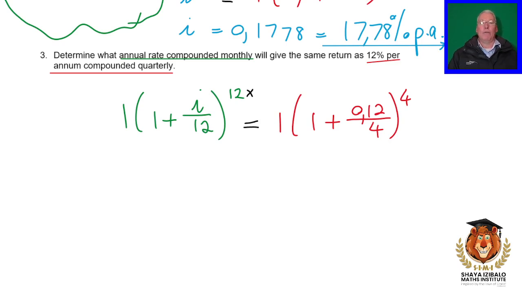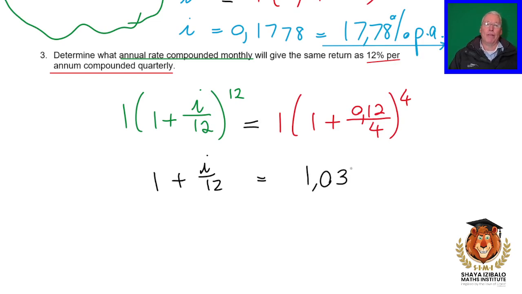Right, now, we've only got one variable here, and we should be able to solve for it. We've got this being raised to the power of 12, so we're going to raise both sides to the power of 1 over 12. We're going to get 1 plus I over 12 on this side. Now this over here is 0.03, that's 3%, and this is to the power of 4.